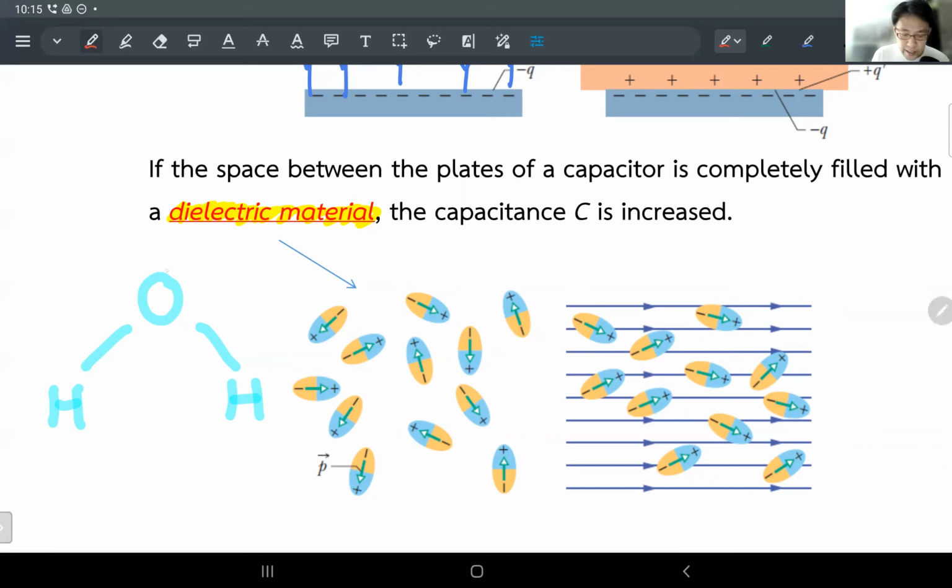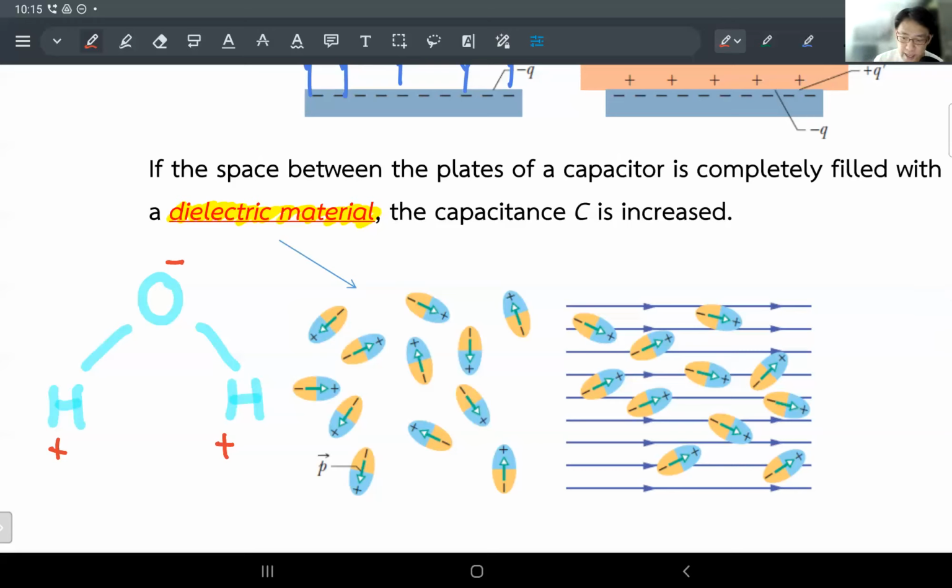It turns out the oxygen has a higher electronegativity than hydrogen. So electrons seem to spend more time around oxygen than around hydrogen atoms in the molecule. That's why in the H2O molecule, the oxygen side of the molecule seems to be a little bit more negative than the hydrogen side.